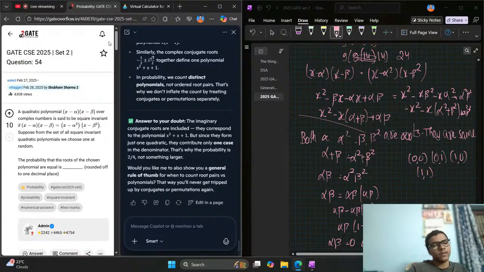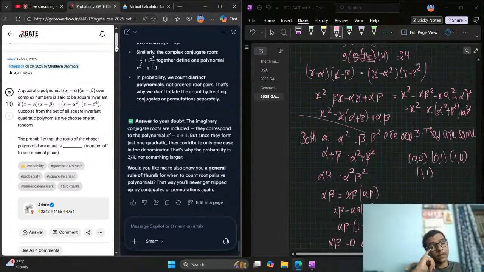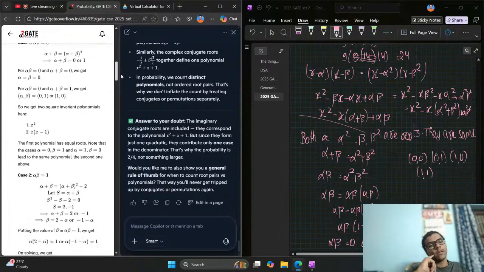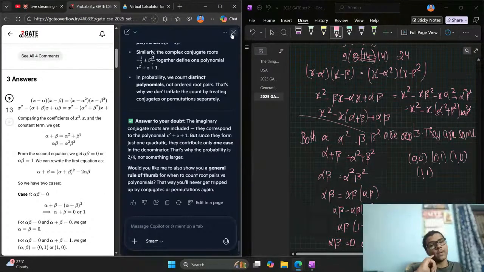Suppose from the set of, okay, from the polynomials we are choosing one at random.